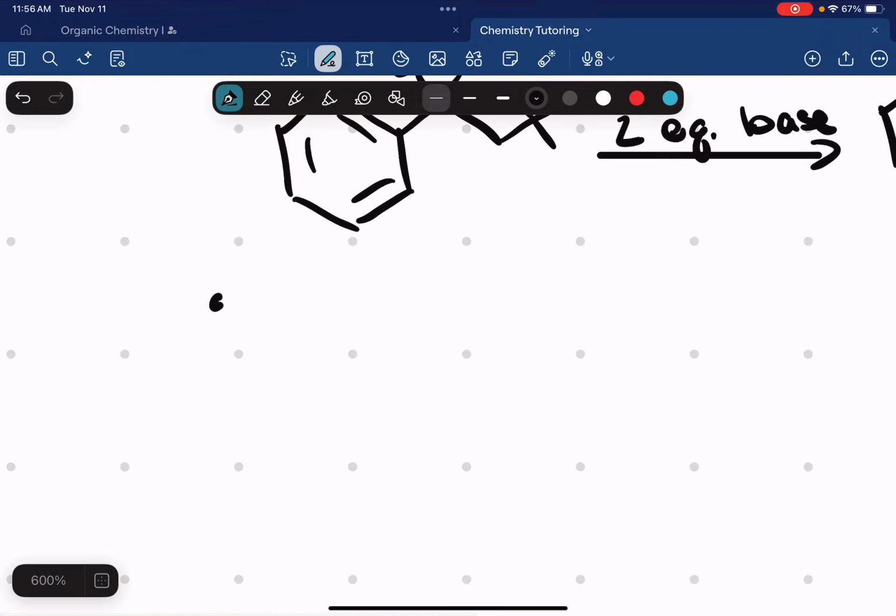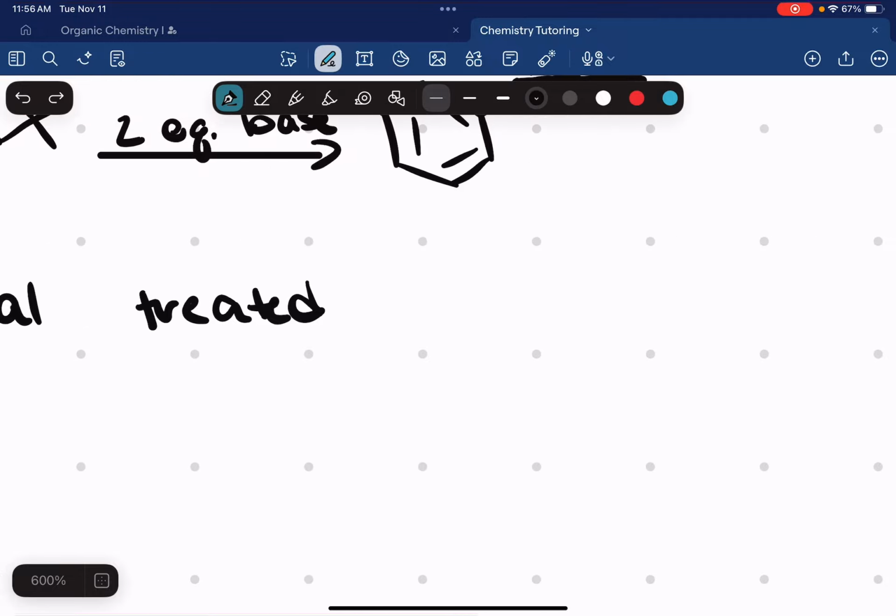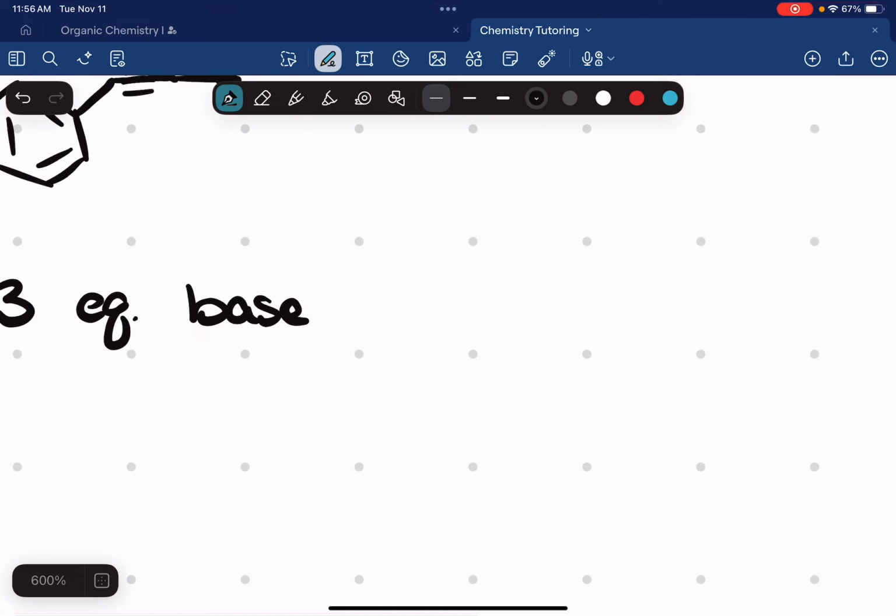And then terminal are treated a little bit differently. They are treated with three equivalents of base and one equivalent of a dilute acid.